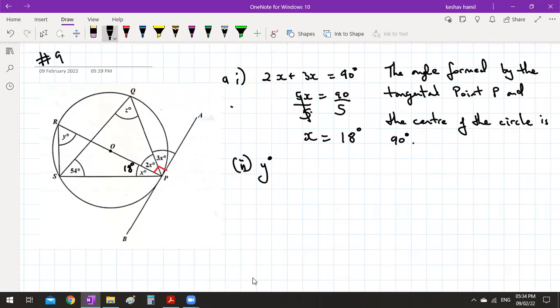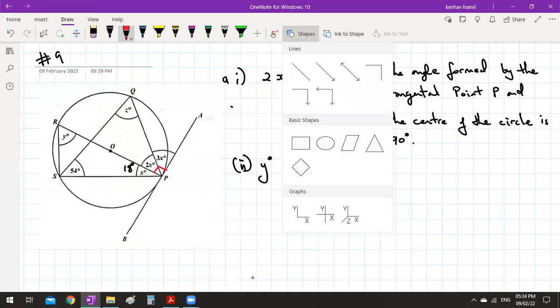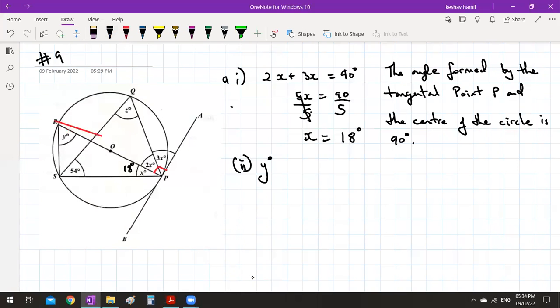So this here, see if I can highlight it, is a diameter line. And any triangle formed using the diameter line forms a right angle triangle here. So if this is a right angle triangle, we could find this value here, which is 90 minus 54.